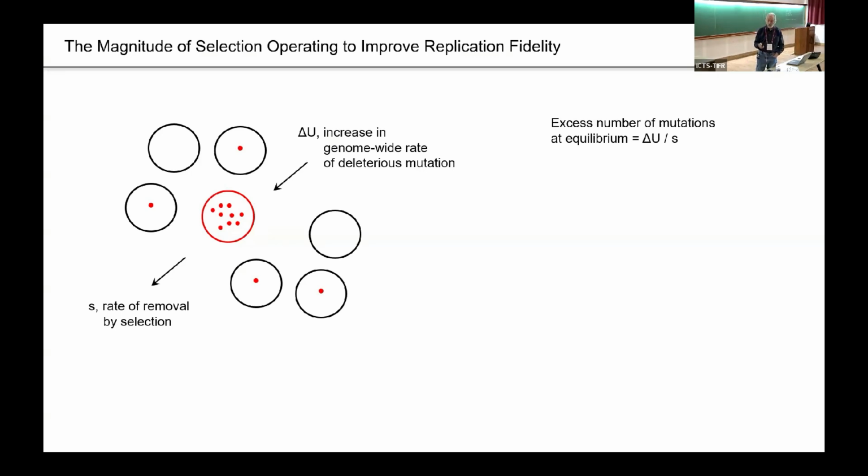So that's the excess number, but we want to know how much pain this mutator is feeling, because that pain is what operates as the selective force for driving the mutation rate down.